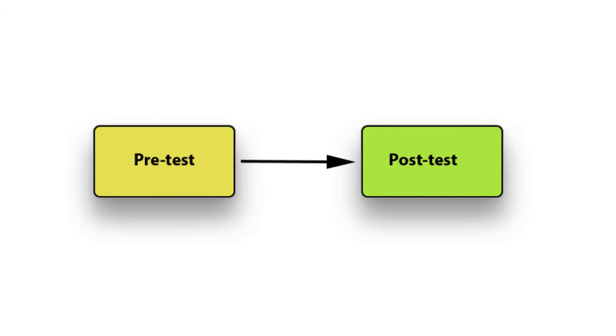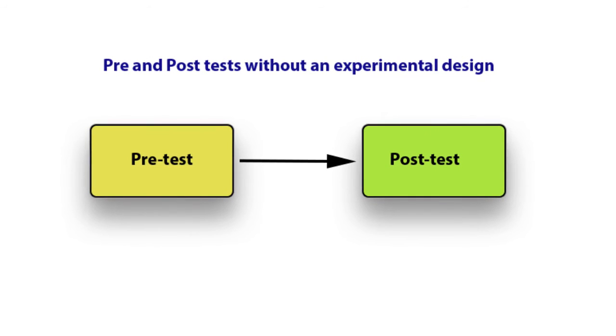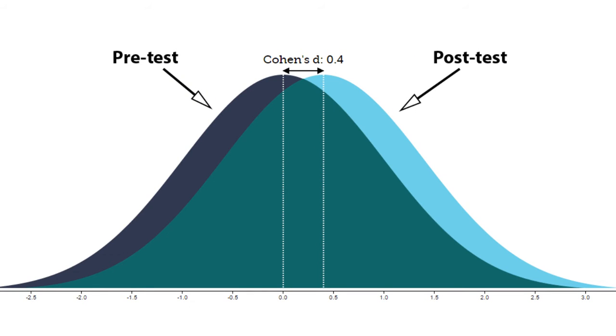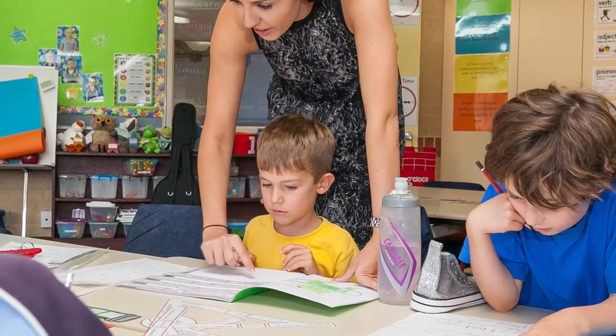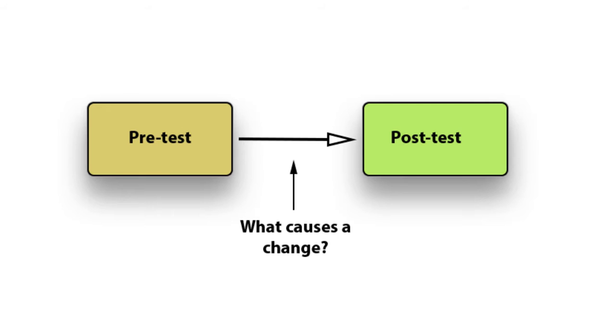The trouble is, without an experimental design, there will never be definitive evidence that a change in student scores is the effect of a specific cause, such as teaching. This means that a change in student scores on a test cannot be regarded as the effect of any specific cause.